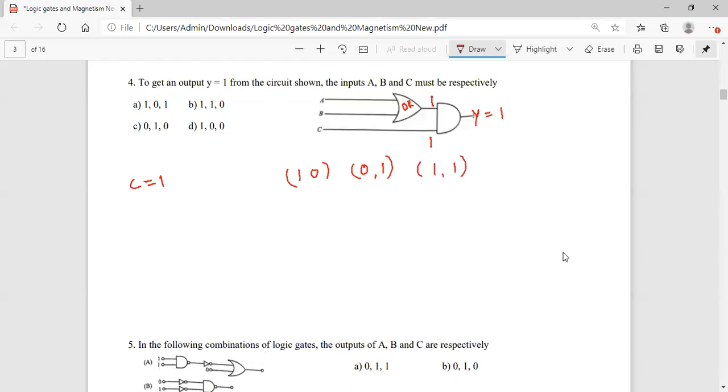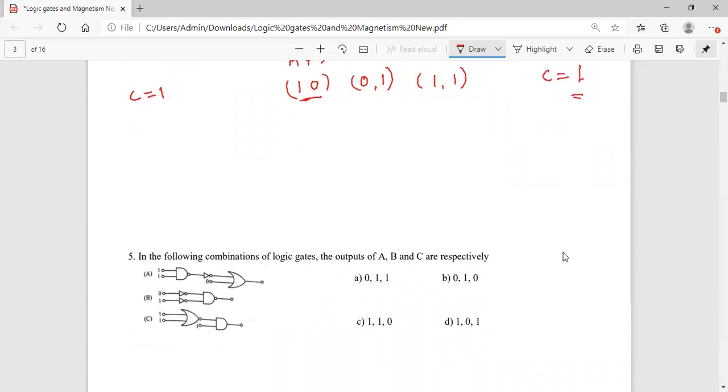C is equal to 1, and this is the value of A and B. Look at the options. C must be equal to 1, so option A, 1, 0, 1. Therefore, option A is the correct answer.